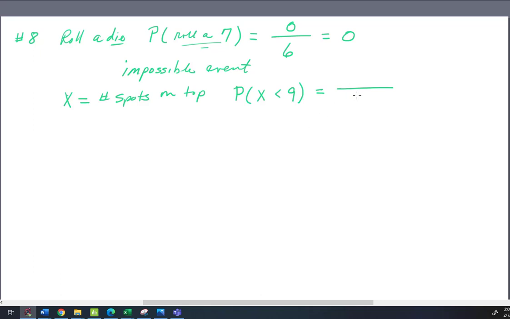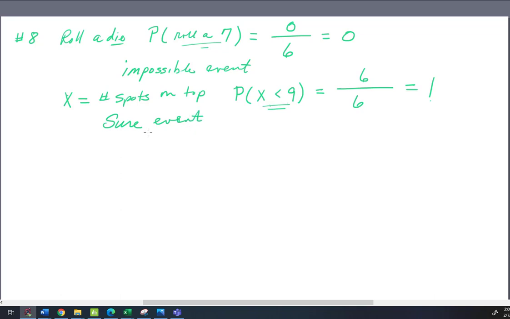When I roll the die, there are only 6 outcomes: I rolled a 1, a 2, a 3, through a 6. How many of them correspond to X less than 9? Well, all of them do. And so the probability of this event would be 1, and that's as big as probabilities can get. We call that a sure event.